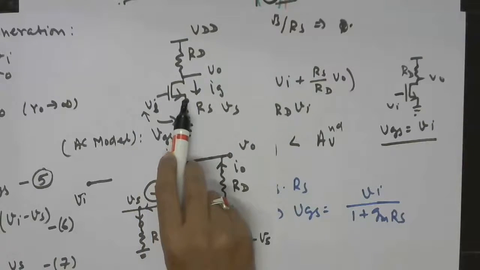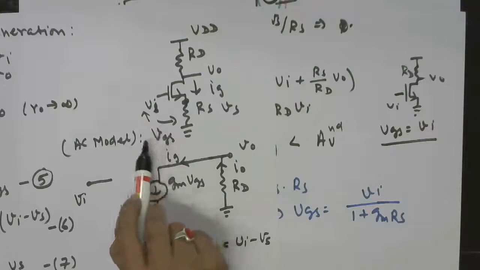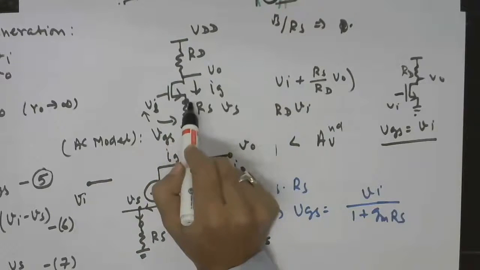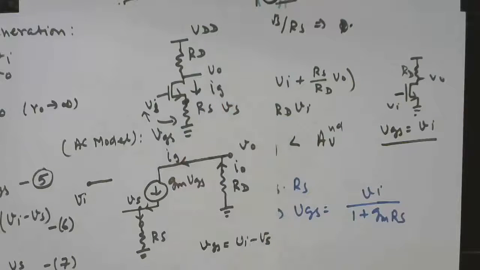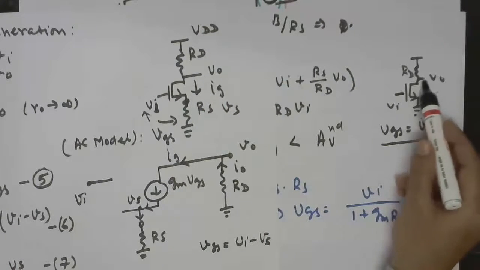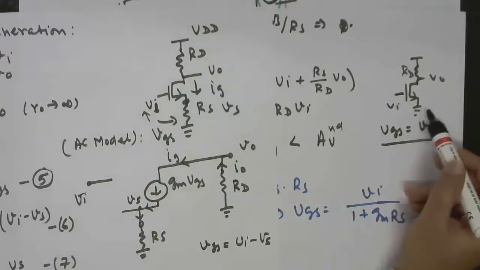So this is a qualitative explanation of why putting RS will ultimately reduce the gain. RS produces a voltage that reduces the net gate to source voltage. So that reduces the net current, which leads to a reduction in the output voltage also. And here the drain current is dictated only by the input. Source has no role.